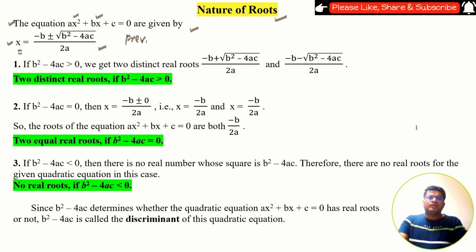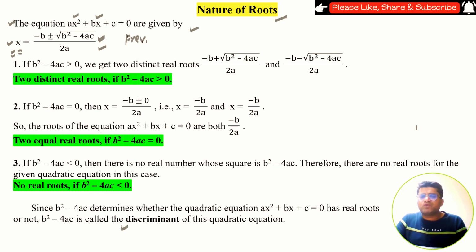Okay students, now we will discuss the nature of the roots, meaning what type of x it is. To determine the nature of x, we must find the value of b square minus 4ac. b square minus 4ac is called the discriminant of the quadratic equation.